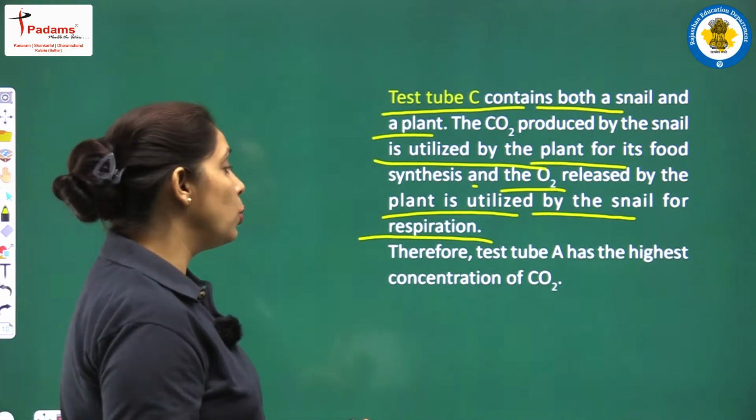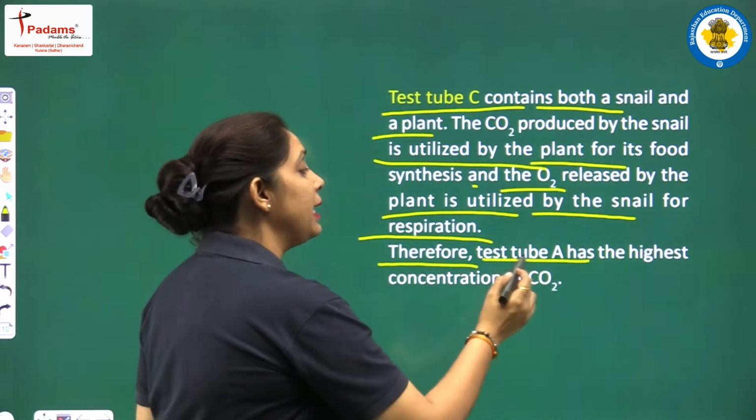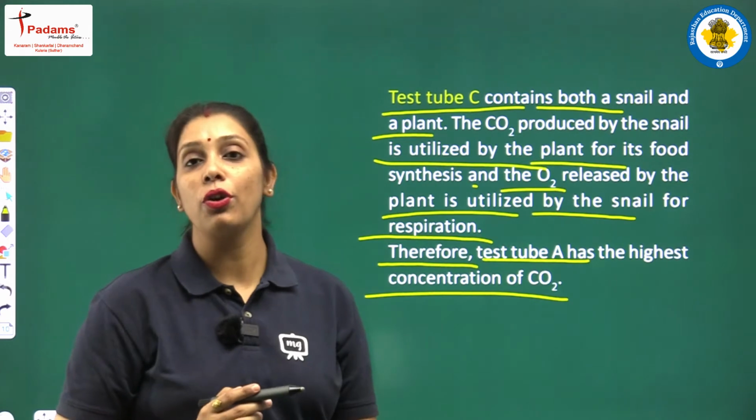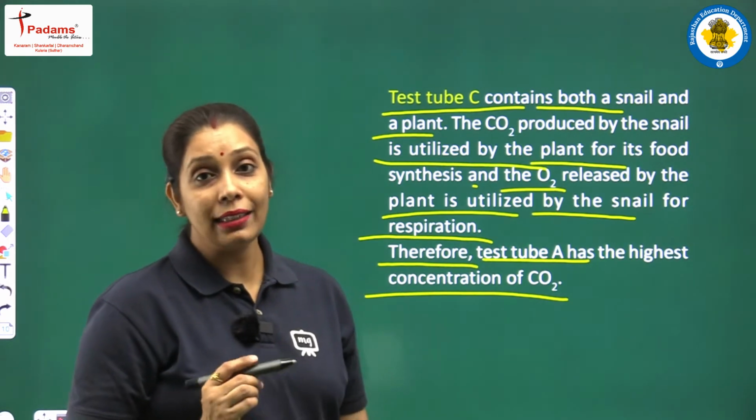Fine class? So therefore test tube A has the highest concentration of CO2. Is that clear to everybody?